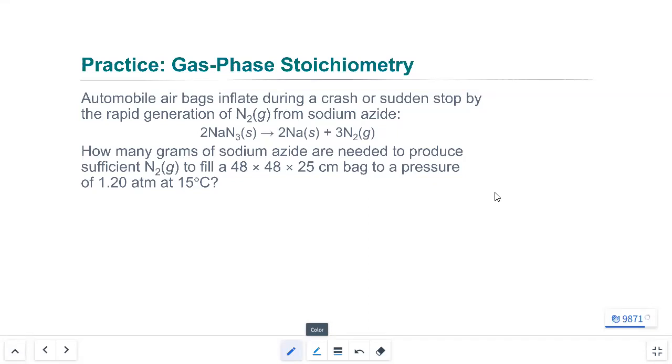The question is this: how many grams of sodium azide are necessary to produce enough nitrogen to fill a 48 by 48 by 25 bag to a pressure of 1.2 atmospheres at 15 Celsius? Now, there's a lot of information that is going on in here.